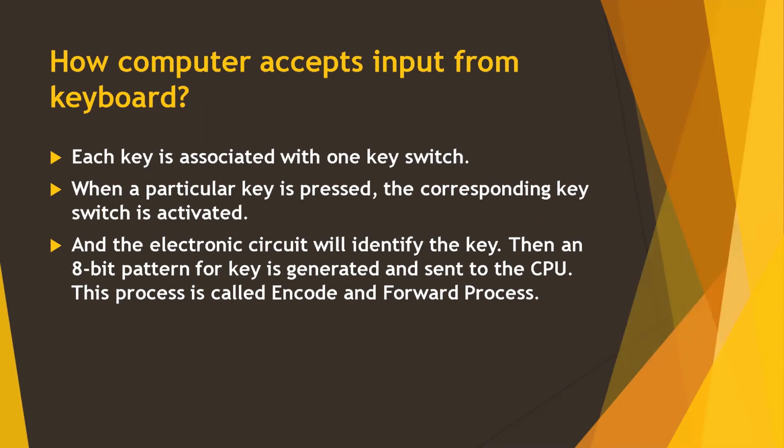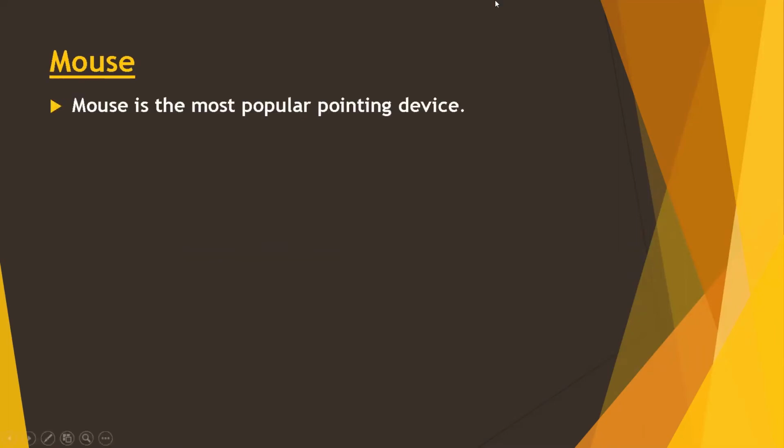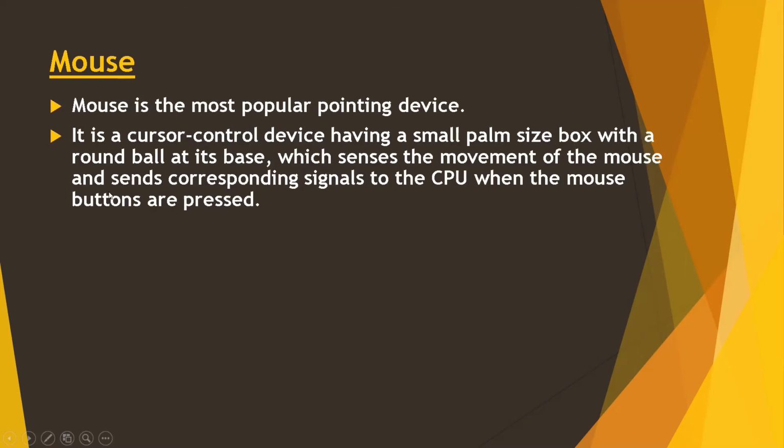Clear with that? Moving on to the mouse now. The mouse is a pointing device. You can see it on the screen; I can point it anywhere. It is a cursor control device, a small palm-sized box with a round ball at its base.